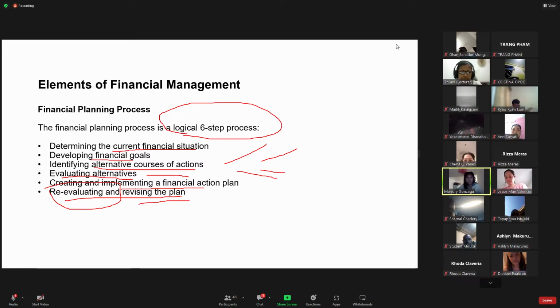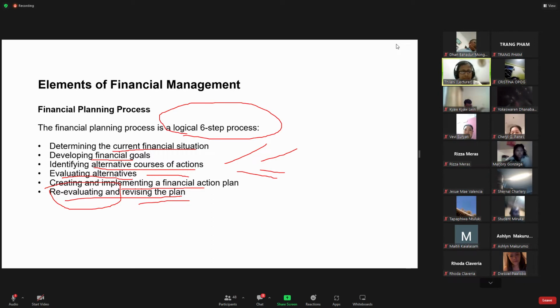If the first plan fails, you should have plan B. That's what I understand, or alternative courses. You have a few options. And then the next one is evaluating alternatives.